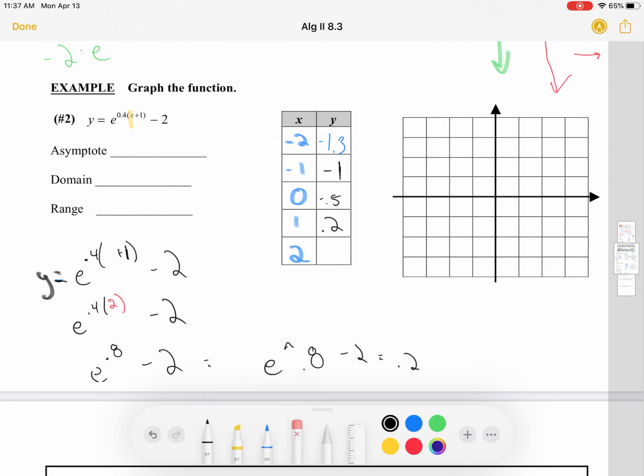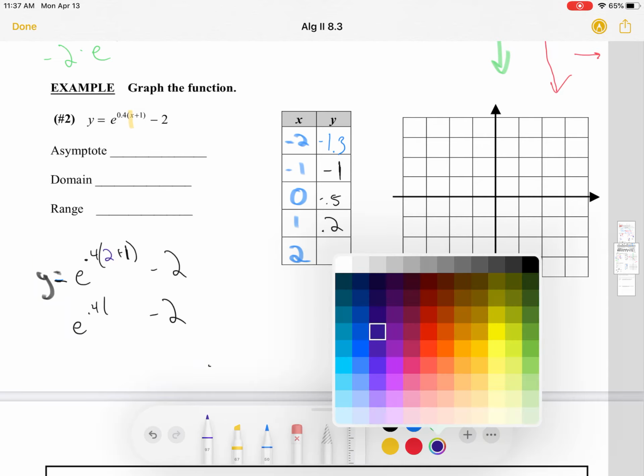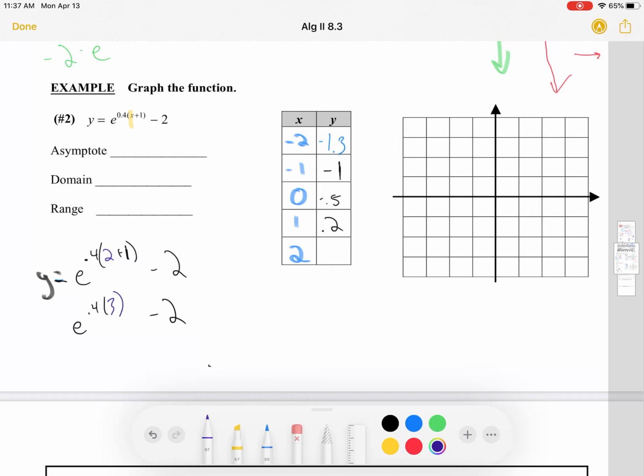The next thing, all that's going to change now is, instead of a 1, let's plug in a 2. So the only thing that's going to change is this number. E to the 0.4, what's 2 plus 1? You should be saying, well, 2 plus 1, that is 3. The times 3 minus 2.